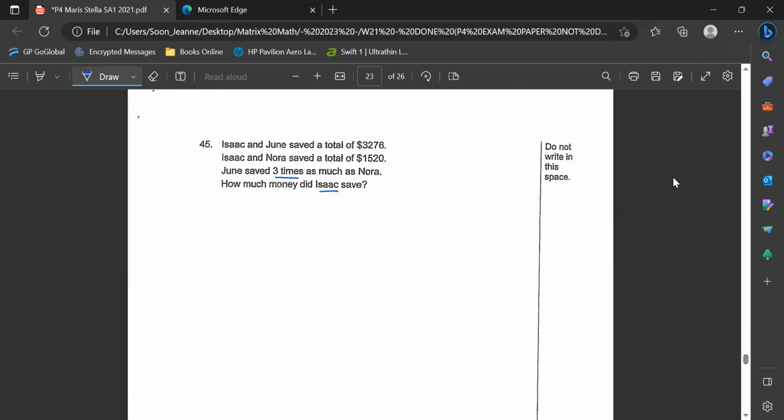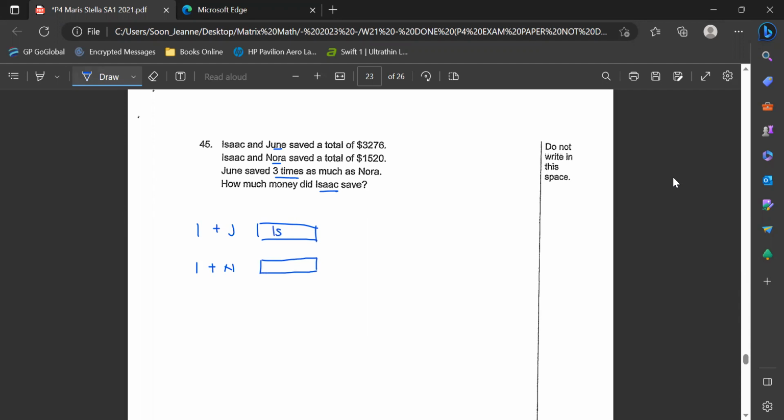So you know that Isaac has been used to compare with June and Nora. But take note that Isaac's amount of money, be it compared with June or Nora, is actually equal. So I'm going to draw a model. Isaac plus June, Isaac plus Nora. For Isaac I'm just going to use a block of unit to represent him.